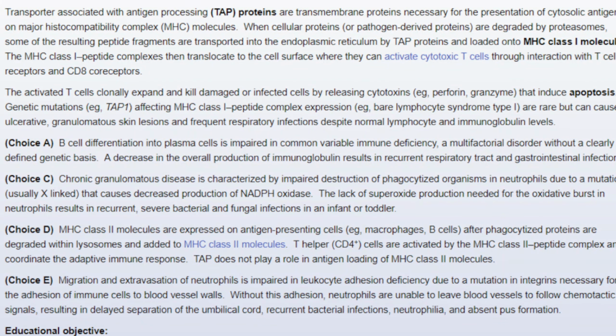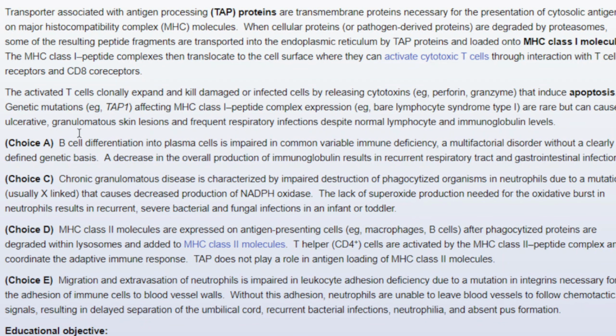The MHC class 1 peptide complex then translocates to the cell surface, where it can activate cytotoxic T cells through interaction with the T cell receptor and CD8 co-receptors.